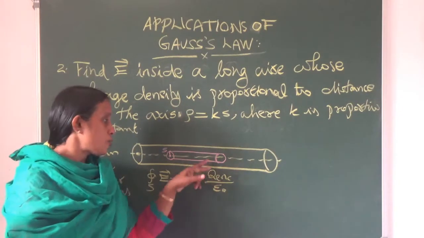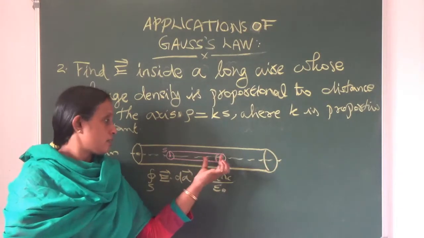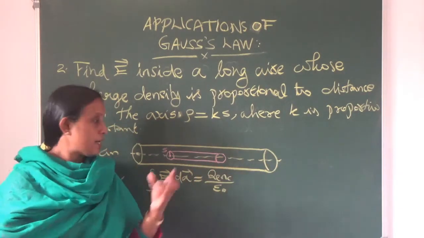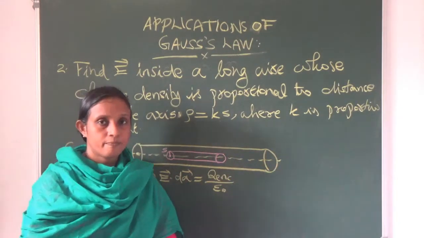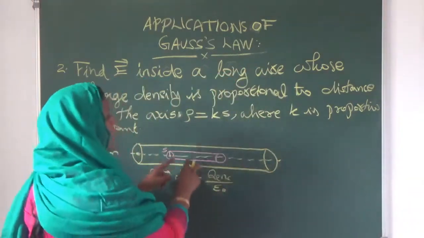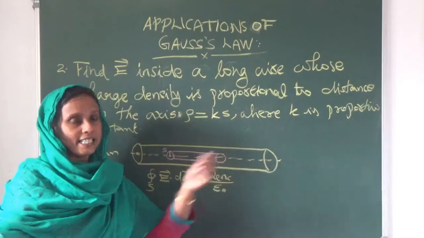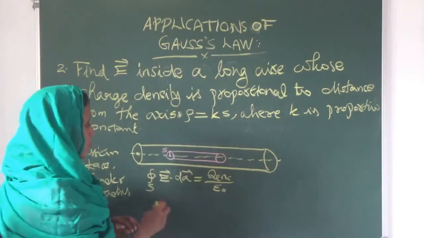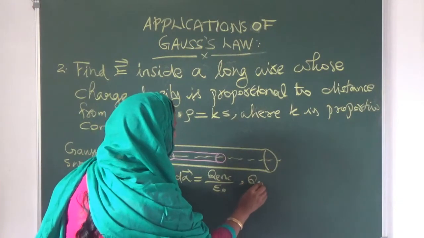Now we want to find the Q enclosed by this cylinder. So this is the surface, and we have to find the charge enclosed by this Gaussian cylinder.